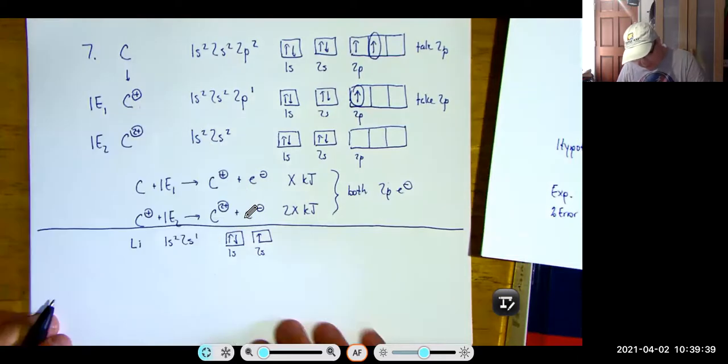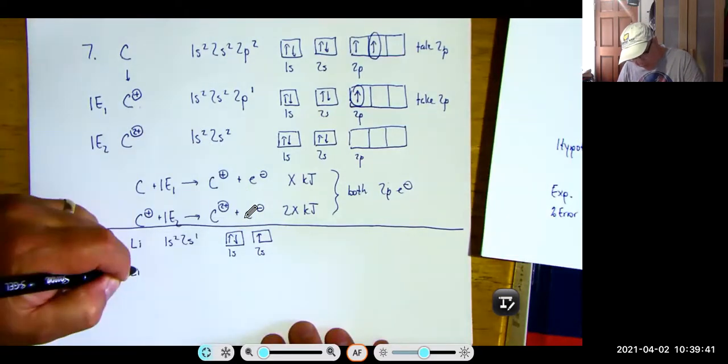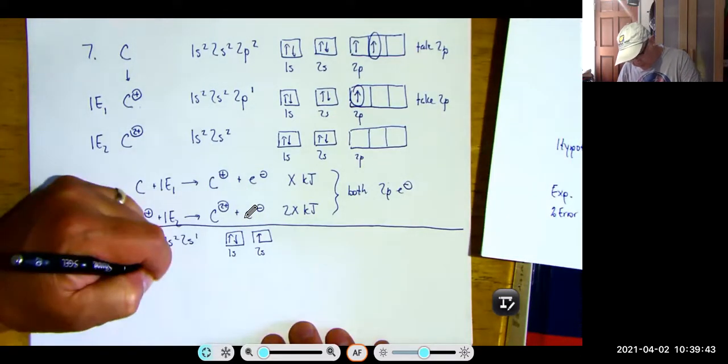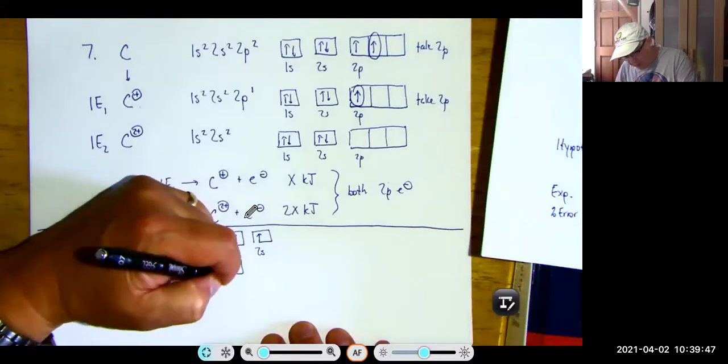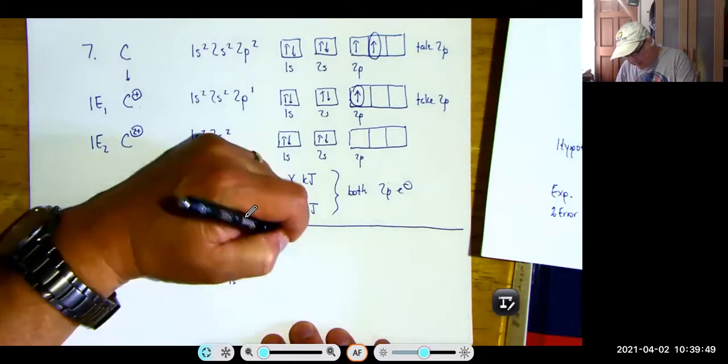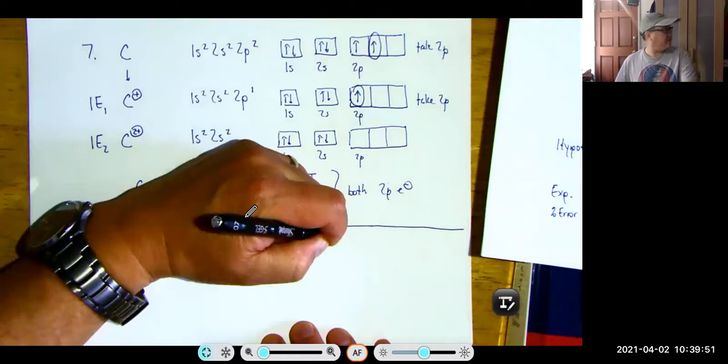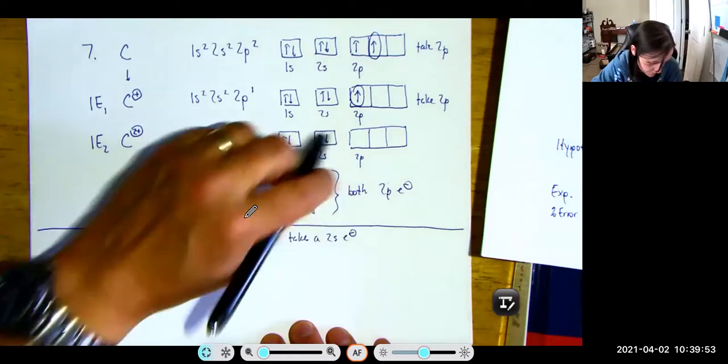To draw lithium plus 1, you draw 1s2, and here we're going to take a 2s electron, right?